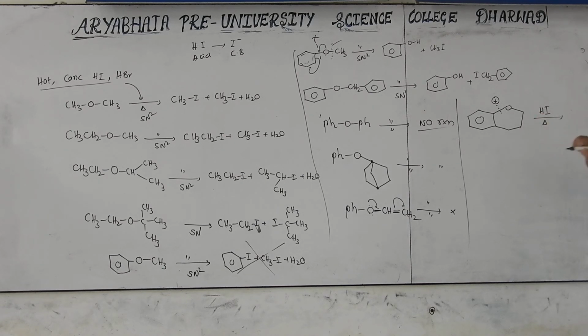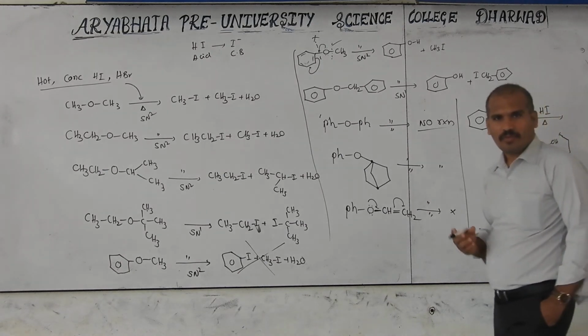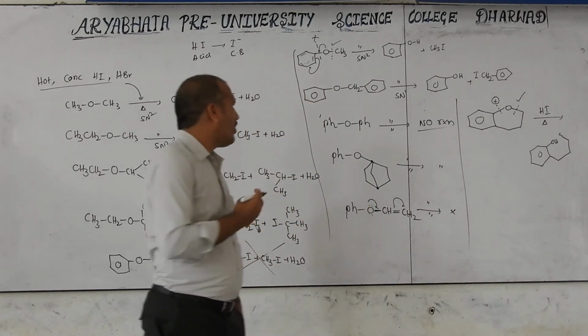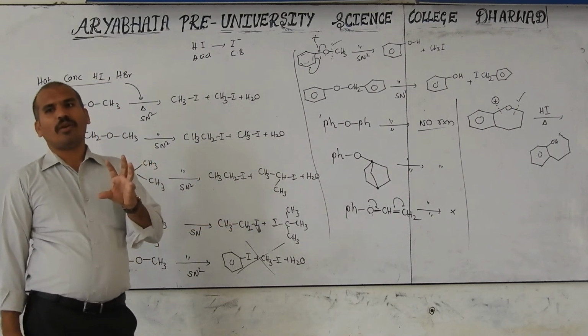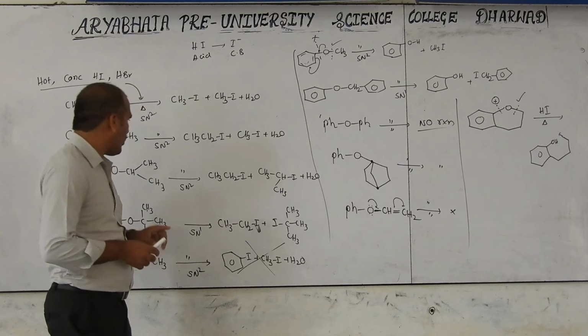That's why breaking that side is possible, and we get the product: OH with 1, 2, 3 carbons, and the bond breaks here. Then the O and H give OH, and here the 1, 2, 3 carbons with I. Many variations are possible, but try to remember that this is your way, and how you understand is very important.